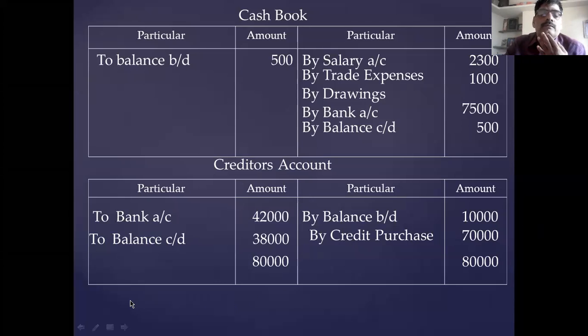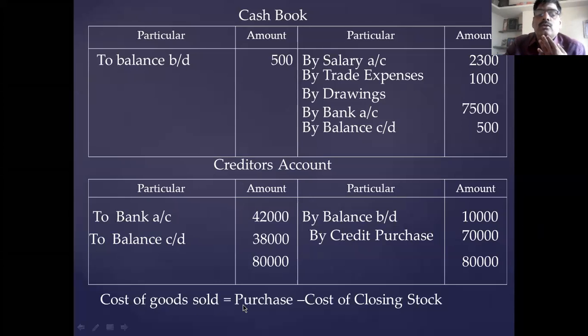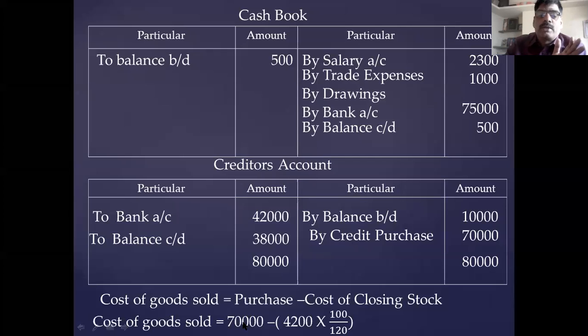Okay, you see here. Cost of goods sold is equal to opening stock plus purchase minus closing stock. Opening stock is not there, therefore I'll take purchase only. Purchase minus the closing stock, 4,200 into 100 divided by 120. How did I take this?